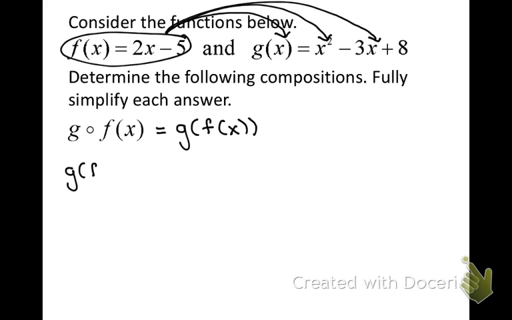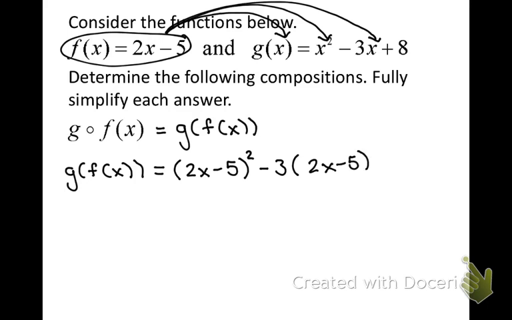So g of f of x is going to equal, in parentheses, that quantity 2x minus 5, and I'm going to square it, minus 3, and again, in parentheses, that quantity 2x minus 5, and then I have my plus 8. So order is super important, and using those parentheses is also really important.